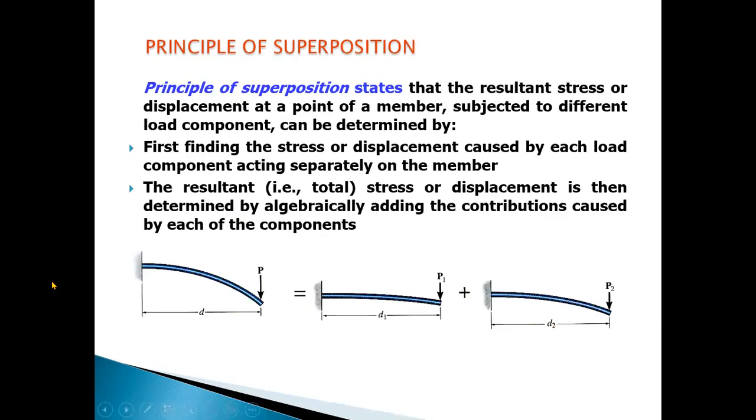Suppose this is a member D, and there is a point load in the corner, due to which there is a deflection. So we convert it into D1 and D2. Till here we have P1 and then we have P2. Then these are two different beams and they are equal to this one.